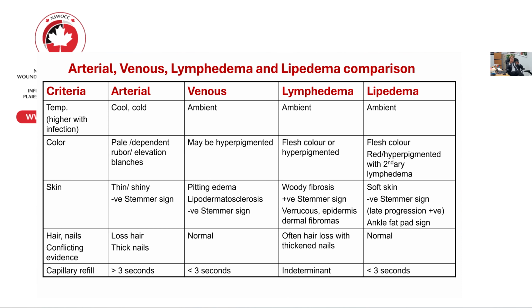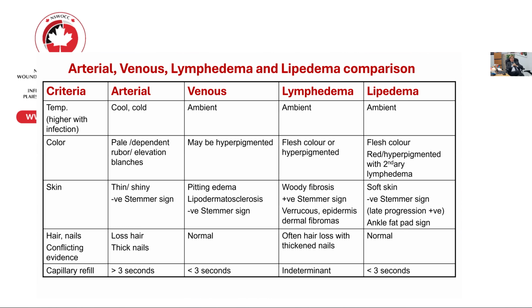Venous disease, like the last three, lymphedema and lipedema, has an ambient temperature. In venous disease, it may be hyperpigmented because when you have abnormal venous side of the capillaries or abnormal valves, you get leakiness of the red blood cells, which leaves behind hemosiderin and melanin. So you get the increased pigment. You can get pitting edema.